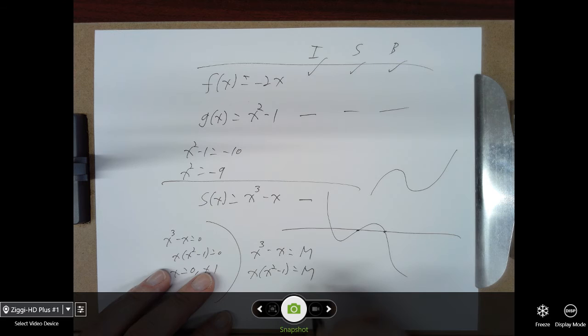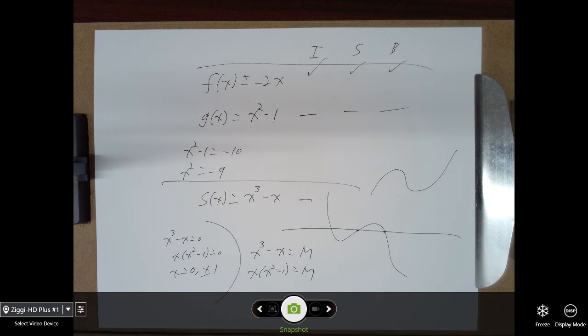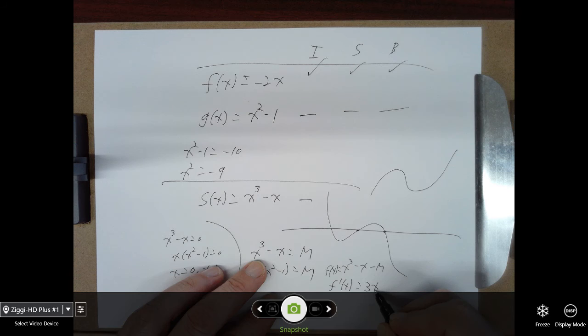You could go calculus on it. You could look for places where the derivative vanishes, and those are either maxima, minima, or points of inflection, right? So if your curve is x cubed minus x minus m, the derivative is 3x squared minus 1.